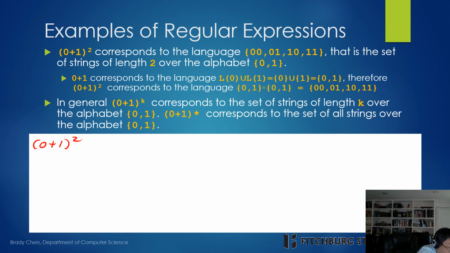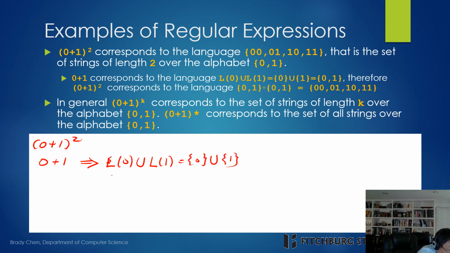To figure out the corresponding language, we know that 0 plus 1 is the regular expression corresponding to the language L of 0 union L of 1, that's 0 union 1, or it's a 0 and a 1.